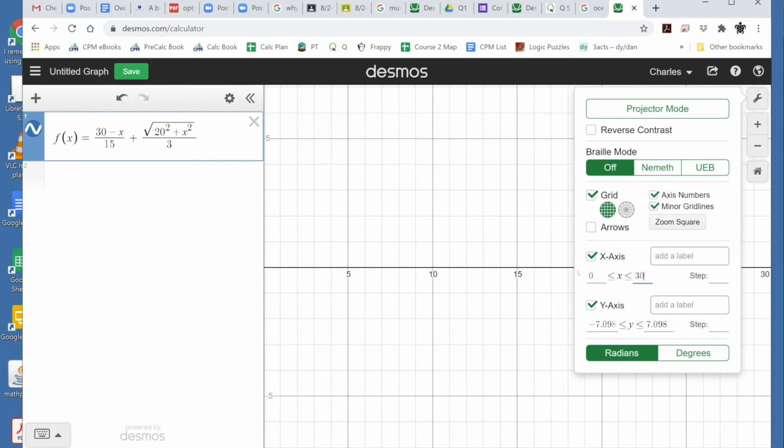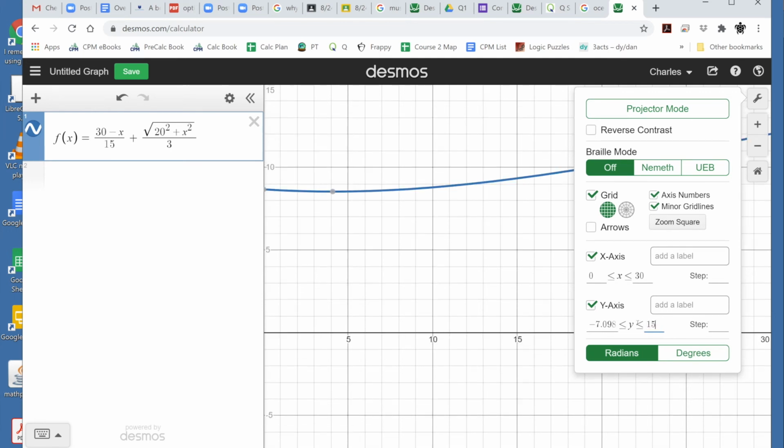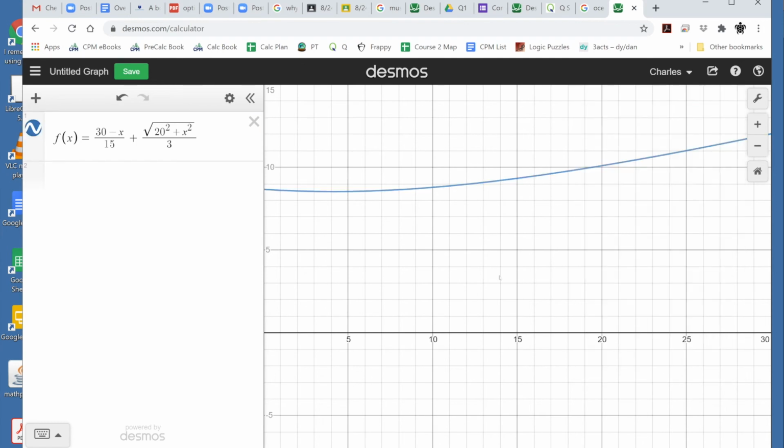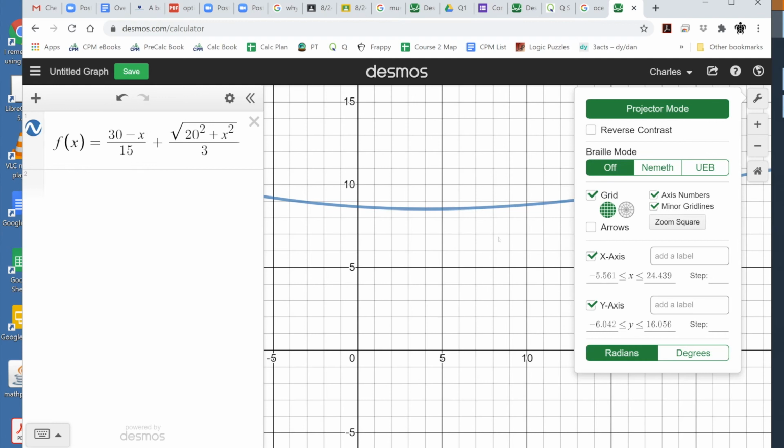Both of those extreme cases that we evaluated before were when x was 0 and when it was 30, and we got numbers in between 8 and 12. So let's see if we go to 15 what it looks like. Yeah, that looks like a pretty good graph here.